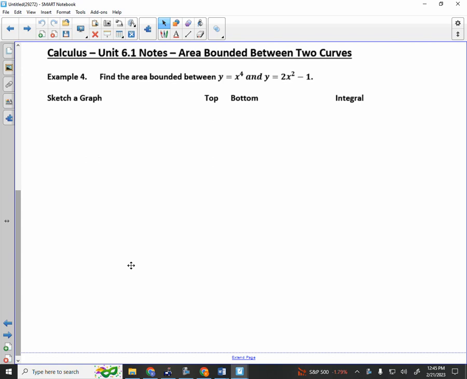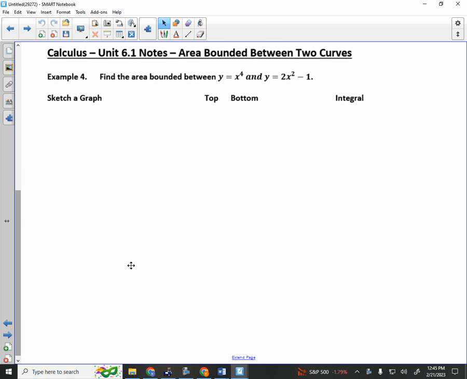Here we have it, and we want to find the area bound between these two curves. If you notice, they don't give you any of the points of intersection. So first of all, do you know what the graph of x to the fourth looks like?